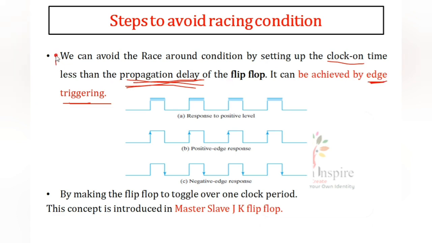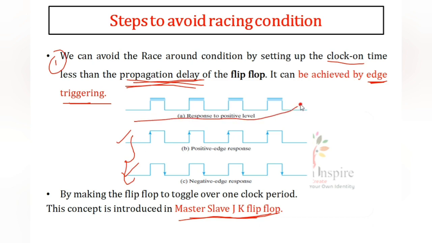The second method is using master-slave JK flip-flop, which I'll explain in the next slide. Here consider edge triggering: this is positive edge, this is negative edge, again positive, negative. You can consider this or this in edge triggering.